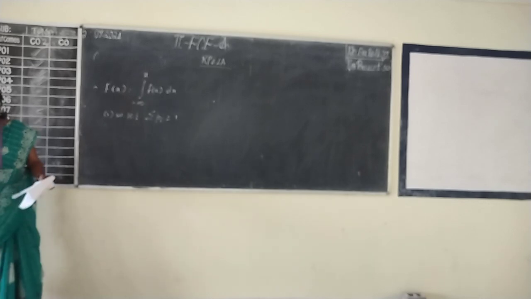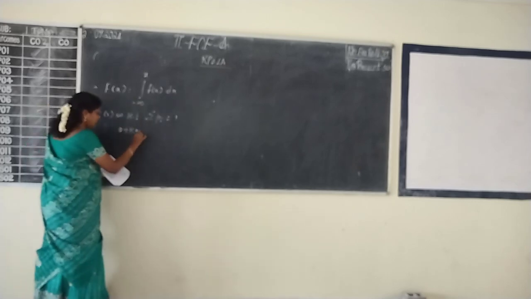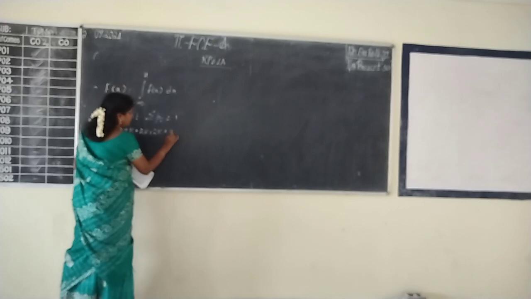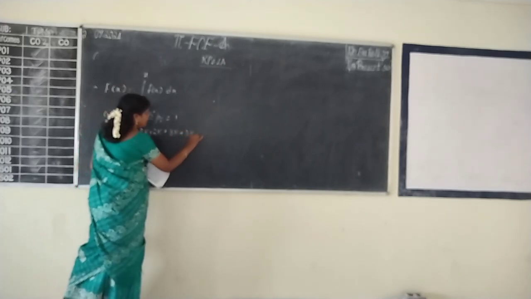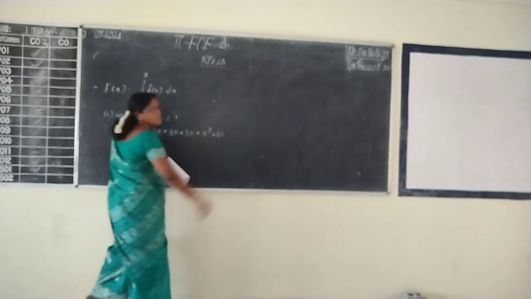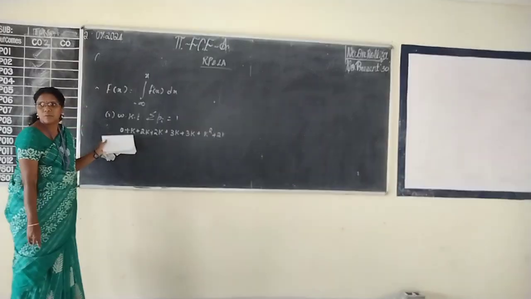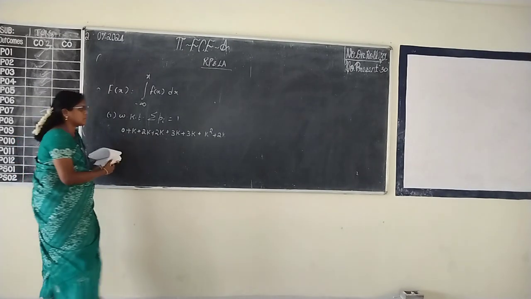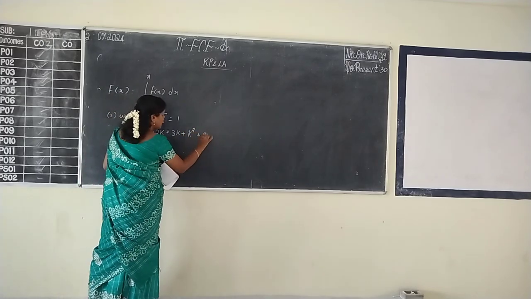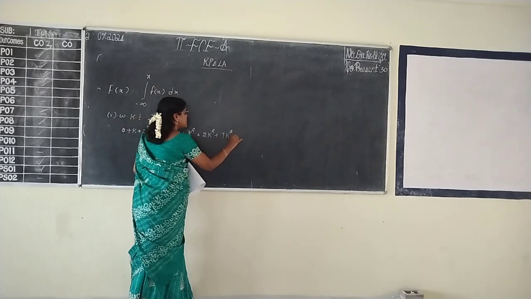Add all the probability values given: 0 plus k plus 2k plus 2k plus 3k plus k square plus 2k square plus 7k square plus k.